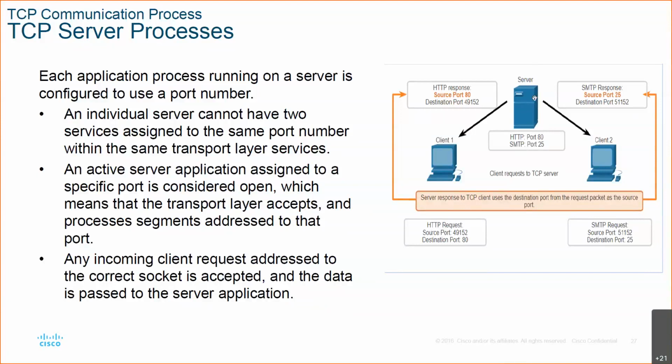Remember, when both clients are accessing the same server, the server can give access to both as long as it has its services on different ports. So the server knows that its HTTP response is on port 80, and let's say its SMTP response is on port 25.